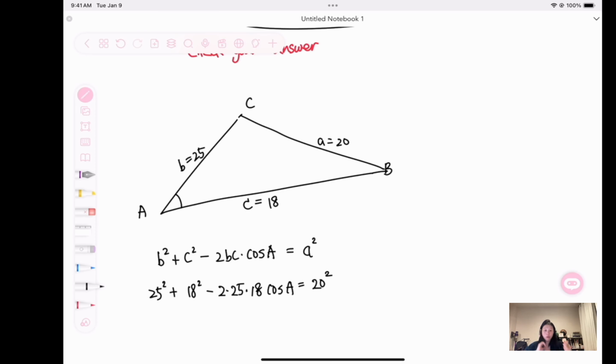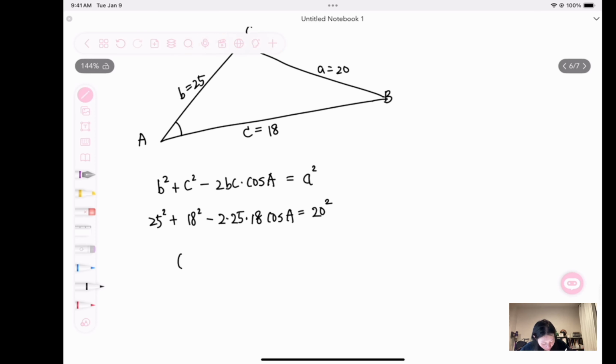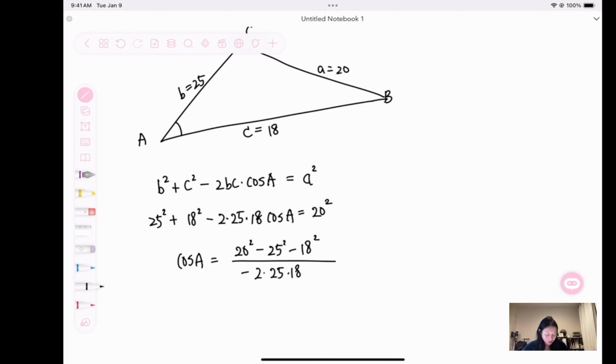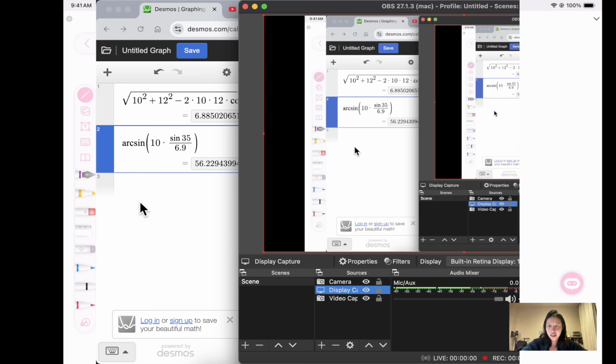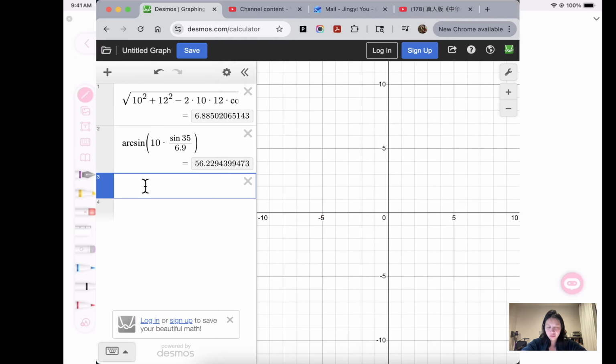Now let's solve for cosine A. So cosine A is equal to 20 squared minus 25 squared minus 18 squared divided by negative 2 times 25 times 18.